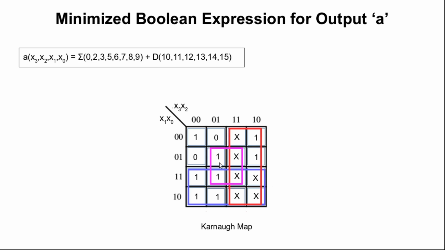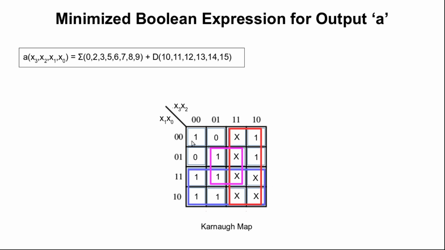To cover this one, I can make a group of size 4. I cannot make a group of size 8 because this is 0. This is also 0. So I cannot make a group of size 8 this way or this way. So I have to settle for a group of size 4. And now this one is left to be covered. But if you remember, column 00 and column 10 are adjacent to each other, and similarly, row 00 and row 10 are also adjacent to each other.